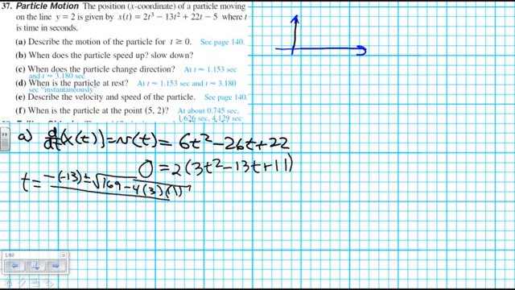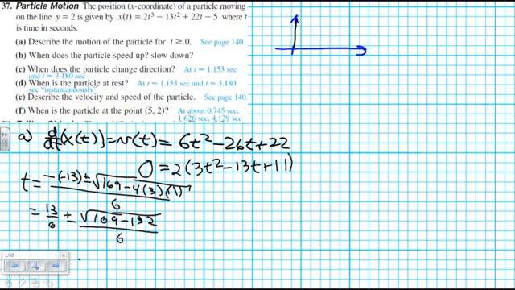So that looks like 13 divided by 6 plus or minus the square root of 169 minus, what would that be, 4 times 3 times 11, 132. 169 minus 132 is 37.